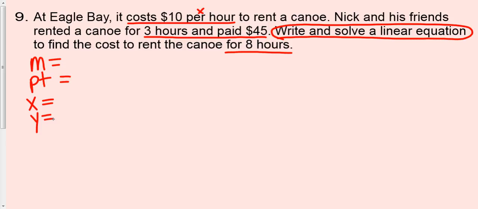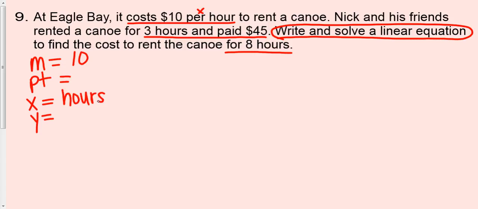So when I see $10 per hour, right off the bat, that's probably my slope. Per hour, since I am solving for hours and I don't know what it is in this case, I'm going to label my x as hours. My x variable is hours.